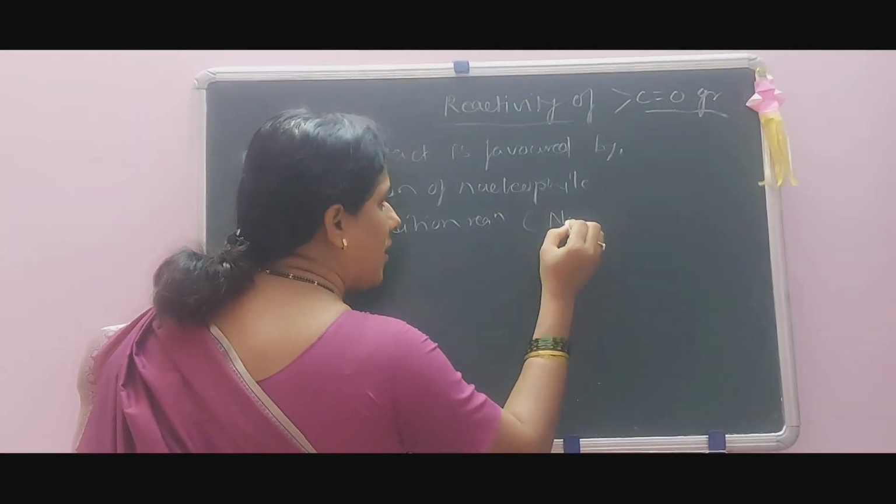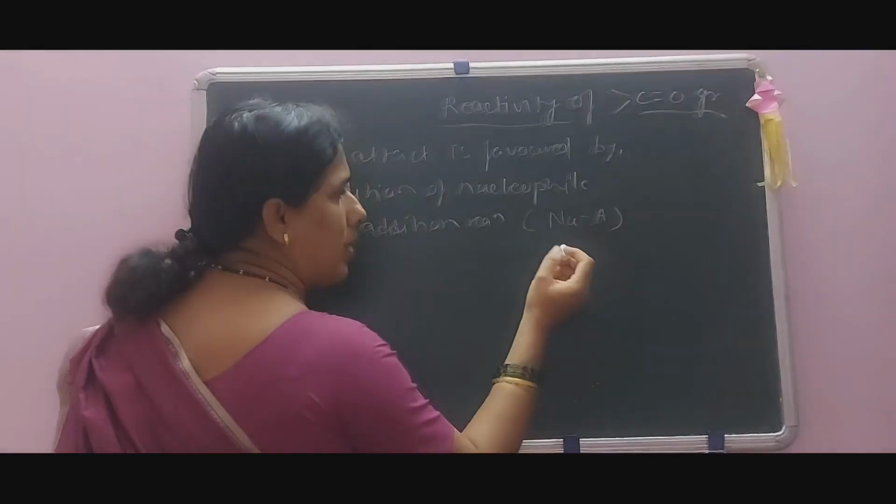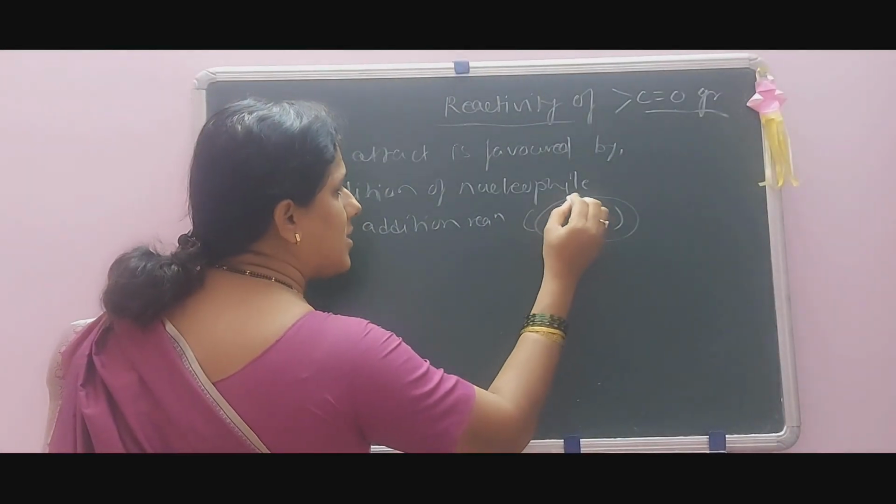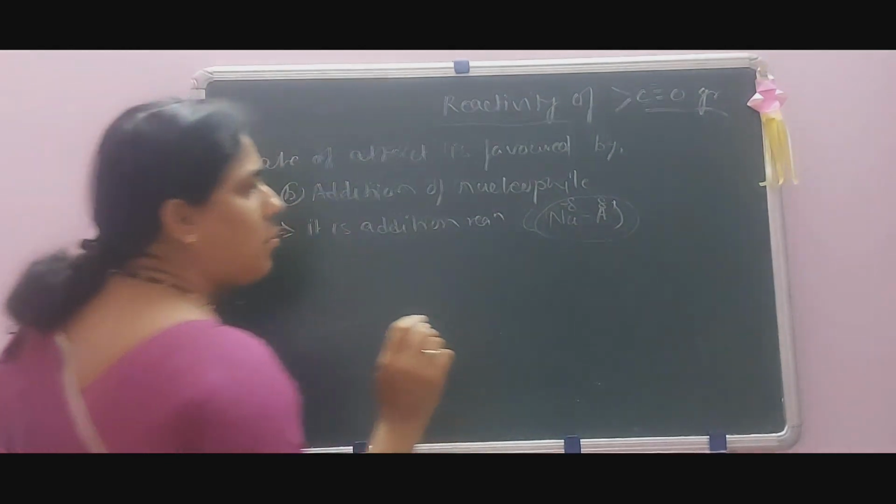Suppose this is a nucleophile, Nu and A. This is the species of a nucleophile; this is delta negative, and this is delta positive charge.